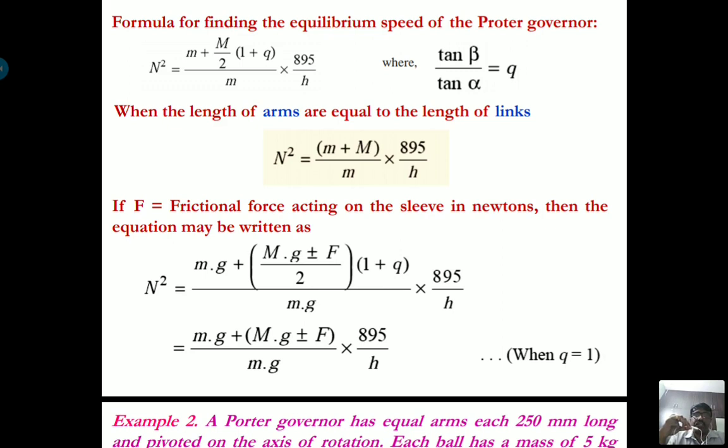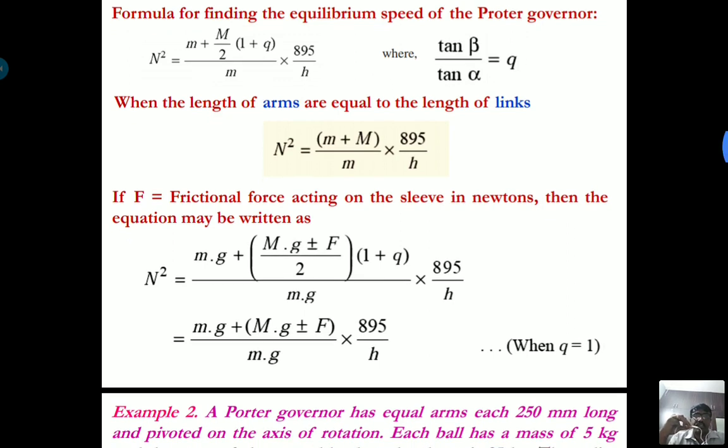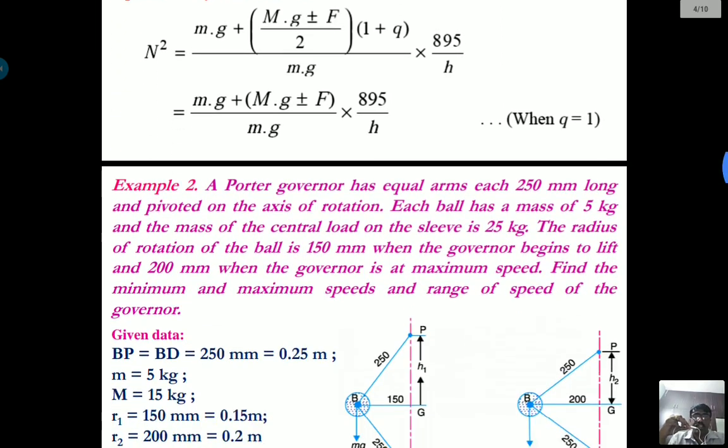So here if you use the q value as 1, that is whenever the length of the link is equal to the length of the arm, the value q will become 1. At that time the formula can be reduced to (mg + Mg ± F) divided by mg, into 895 divided by h.